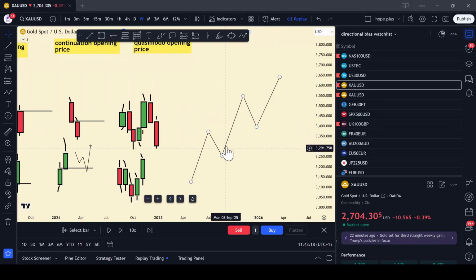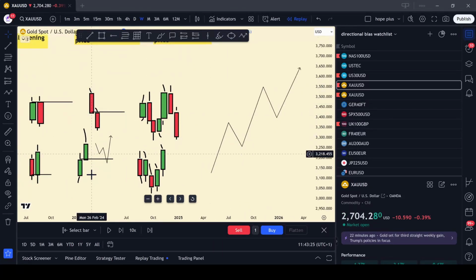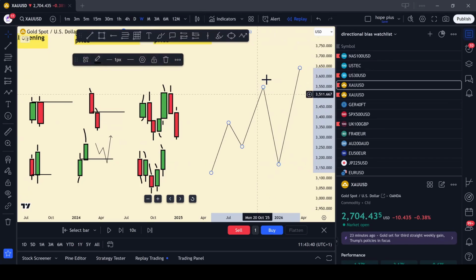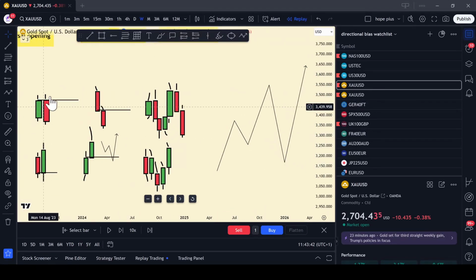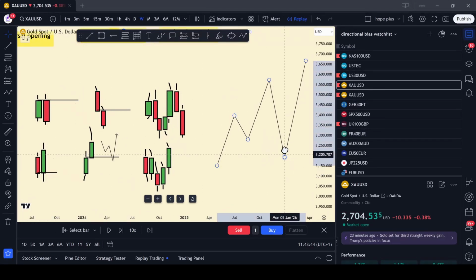Then this leg, if you look at it, there are candlesticks. Most of this push up here happens within the continuation opening price. It continues the move. The reversal opening price most times might start the reversal or a retracement for further push in price. So in case it starts a reversal, most of the time, check it out. It is a reversal opening price.